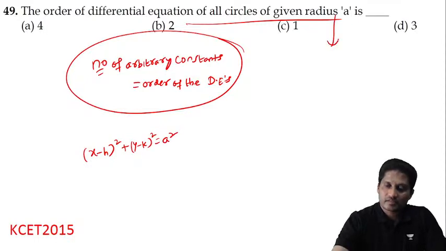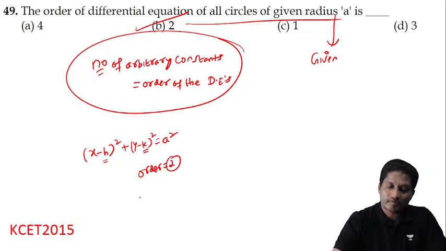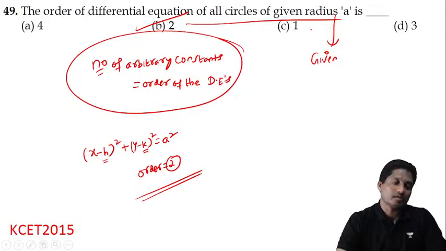This is given, so a is a fixed constant. There are two variables, right? The variable constants are h and k. The order will be the number of arbitrary constants. a is a fixed constant. The order should be 2 only.